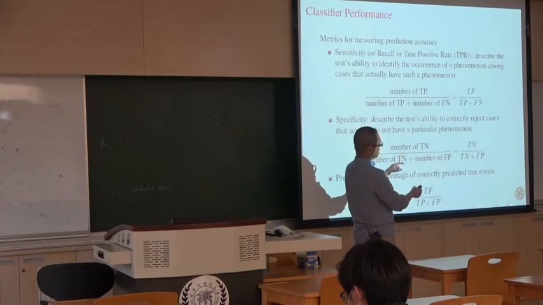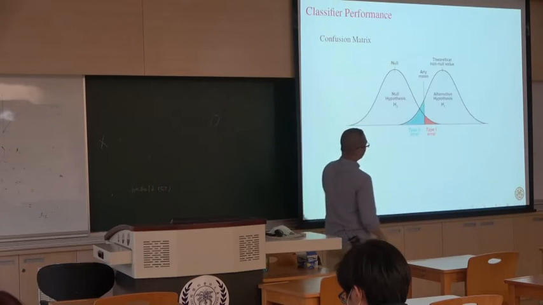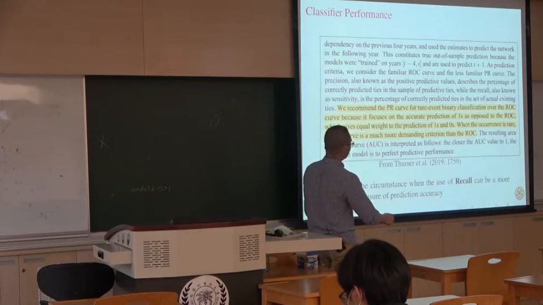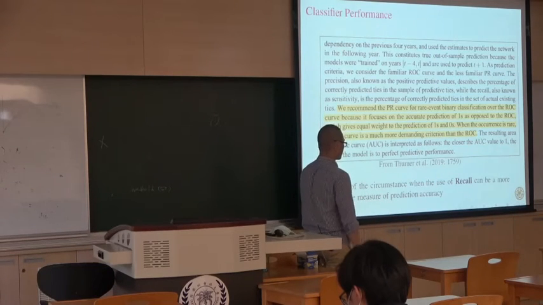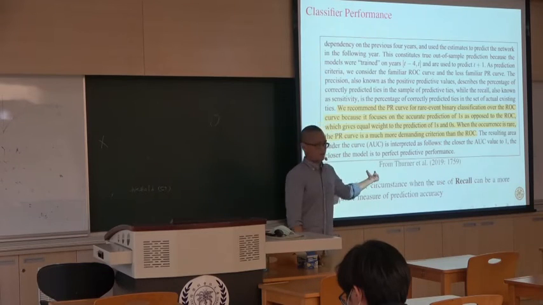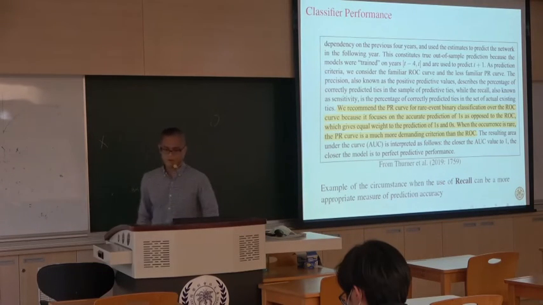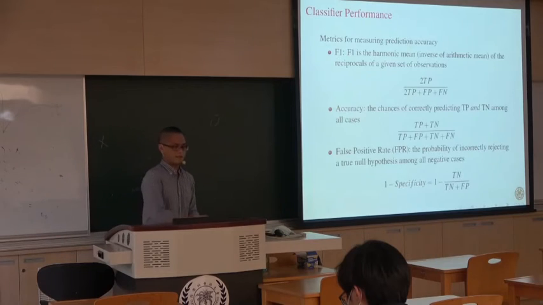We simply narrow down the number of observations in the denominator. And it could be a more demanding metric, a more demanding criterion in the receiver operating characteristic. So that's what they said, and you can take that as a reference, just for your reference.